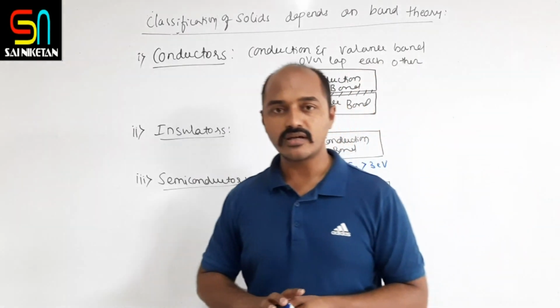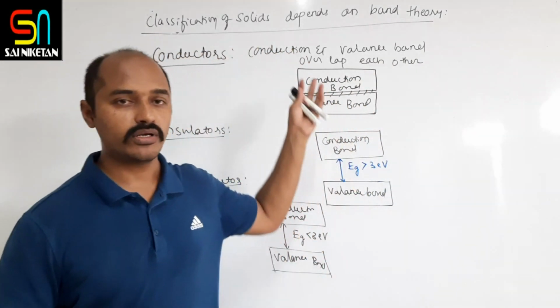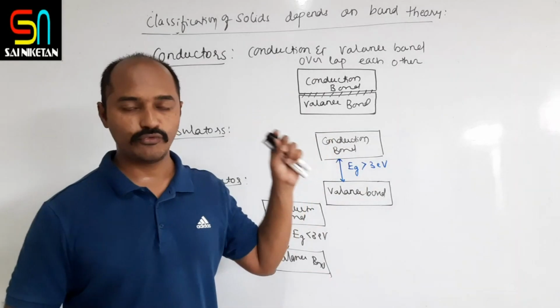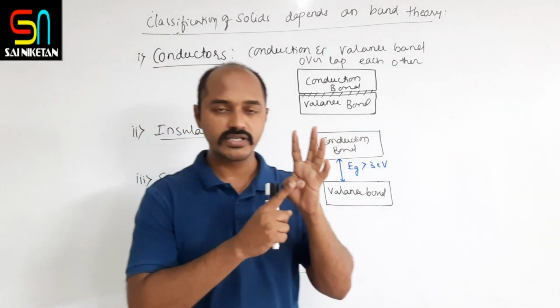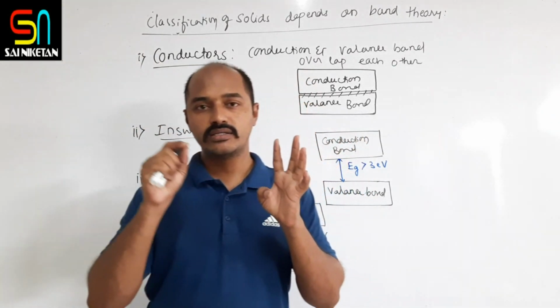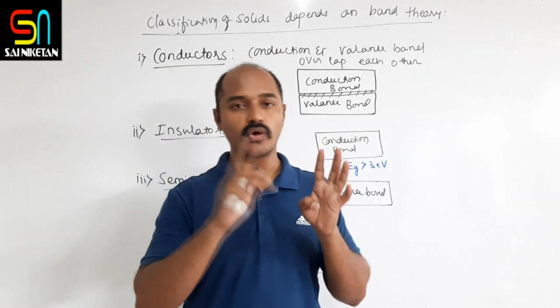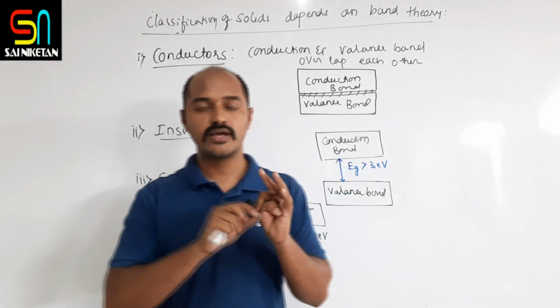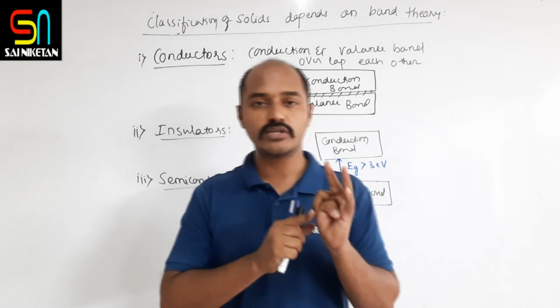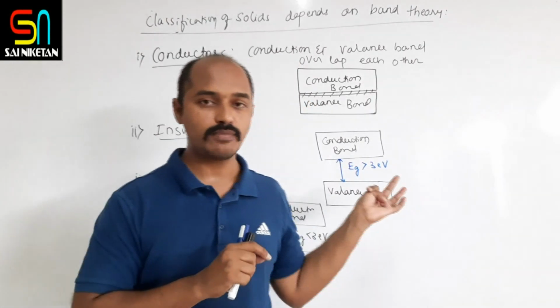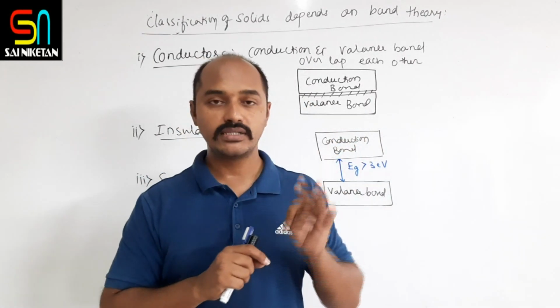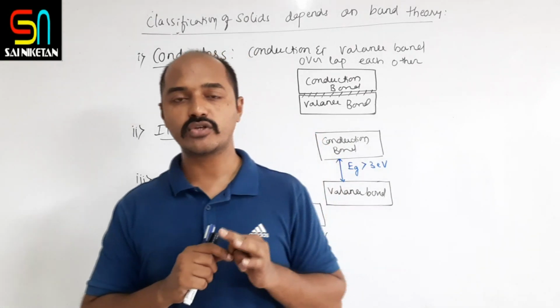So these are the classifications depending upon the energy band theory. First, conductors, where the conduction band and valence band overlap each other. Insulators, where the conduction band and valence band are separated by an energy gap of more than 3 electron volt.